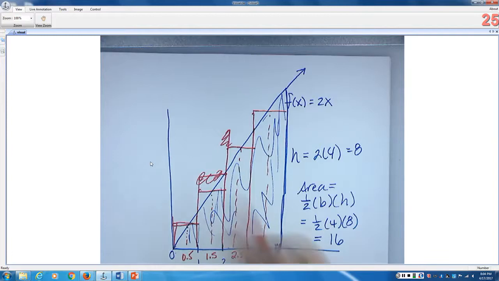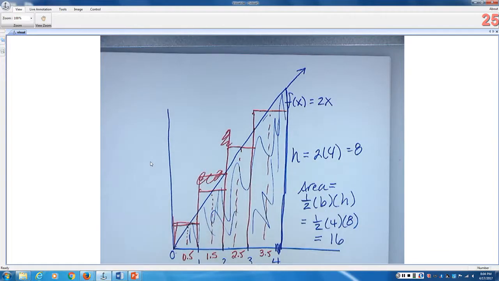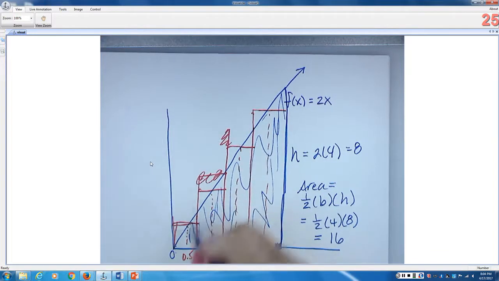So there's our rectangles. And on every one of these, the amount that's overestimated is going to be canceled out by the amount that's underestimated. It's going to actually come out to be perfect.